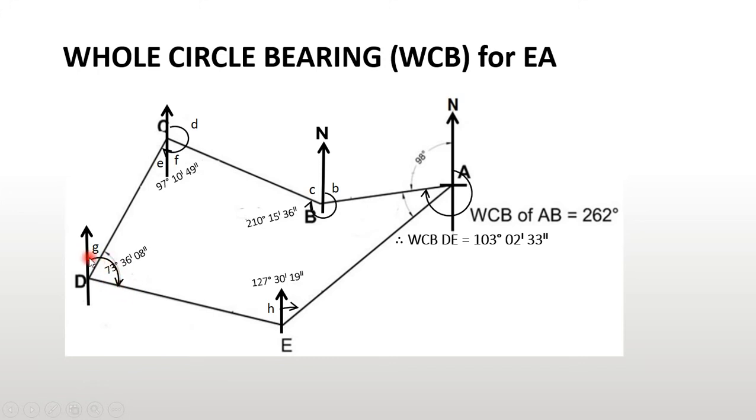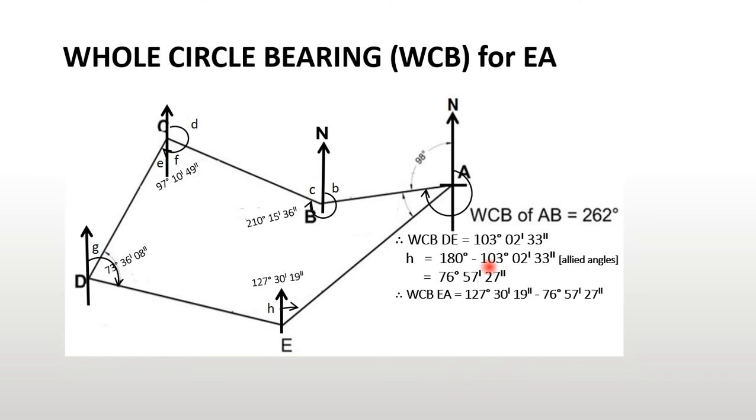So the angle D plus G plus H is equal to 180 degrees, because these are allied angles and the north lines are parallel to each other. D is the transversal. So the value of H is going to be 180 degrees minus the whole circle bearing of the line DE, which is 103 degrees 02 minutes and 33 seconds, and this gives us 76 degrees 57 minutes and 27 seconds.